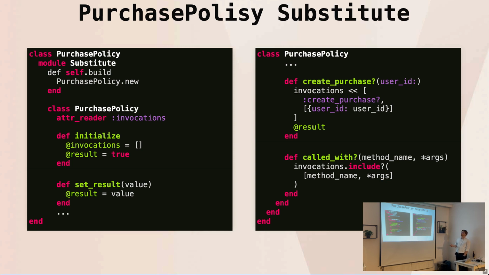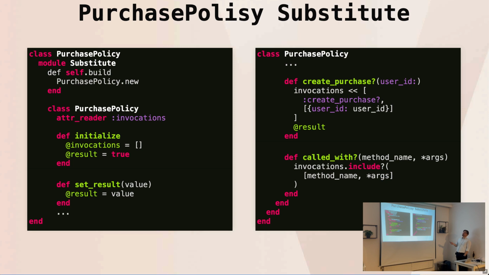From the point of view of this purchase, it doesn't have the method call. It has create purchase. And it could have multiple actions or multiple methods that could be called on it. And we want to have information about exactly which methods were called on this instance and with what arguments. And we can do this in this way.